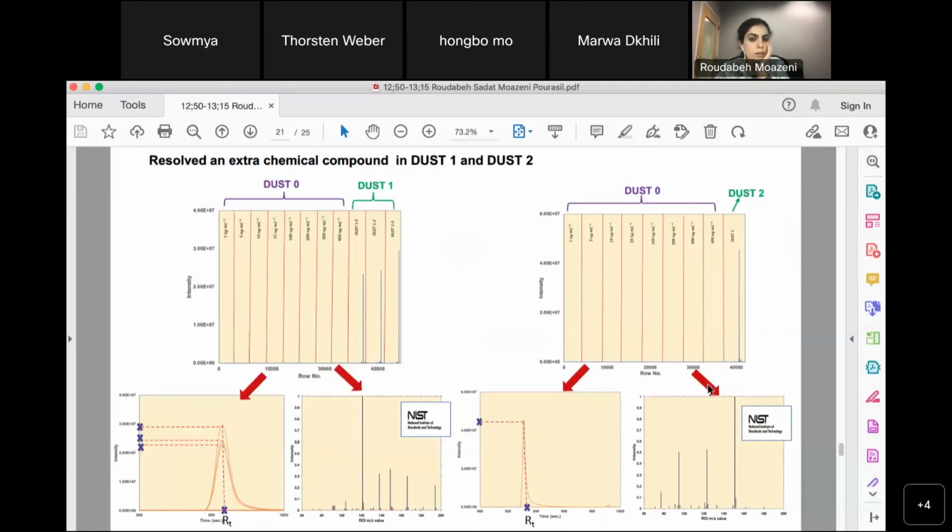So these are extra chemical compounds in the real dust sample. We used their peak height for quantitation, and we used the pure resolved mass spectra for chemical identification, by submitting to the NIST library. Please go to the next slide.